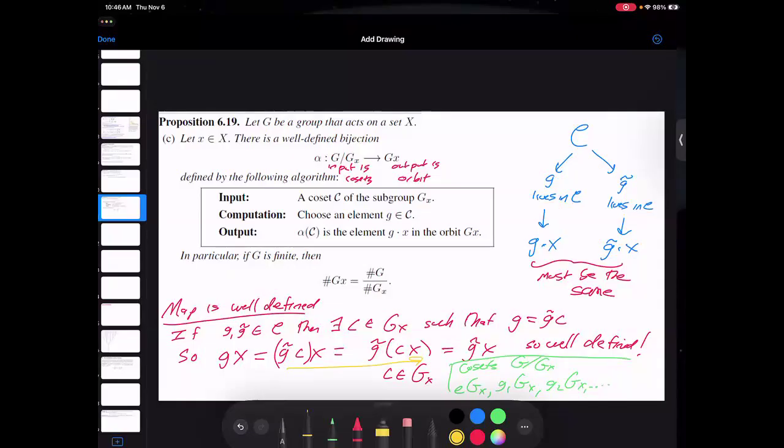And because c is in the stabilizer, c acting on X just gives you back X. And so we see that if you have two elements that differ on the right by something in the stabilizer, then they give you the same output when they act on X. Does this clarify enough?